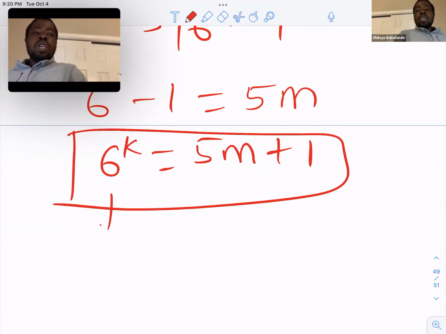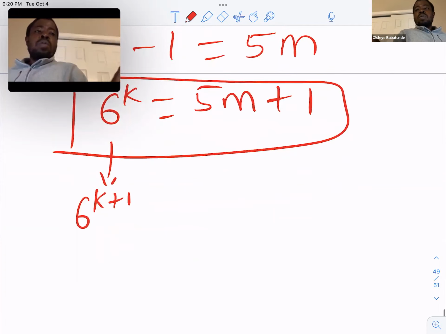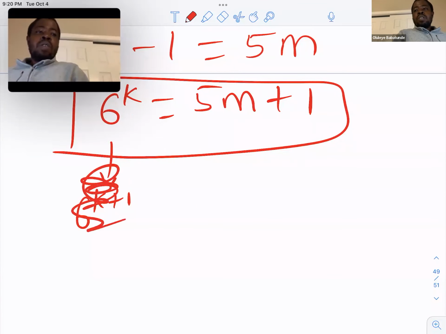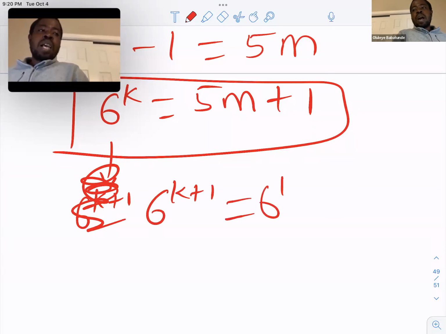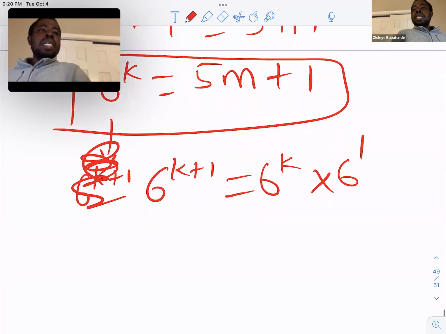We can now, to get 6 raised to the power k plus 1, we have to do 6 raised to the power k plus 1 is actually 6 raised to the power k times 6 raised to the power 1. And we know that 6 raised to the power k is already 5m plus 1.